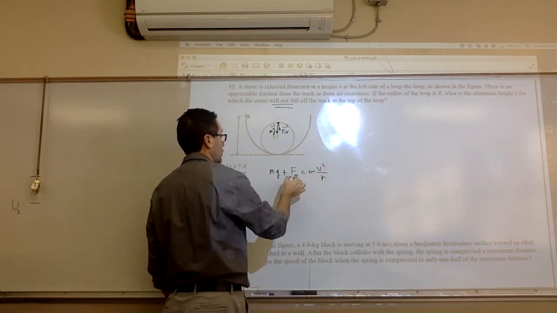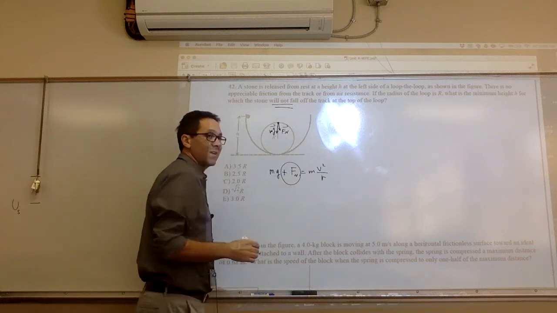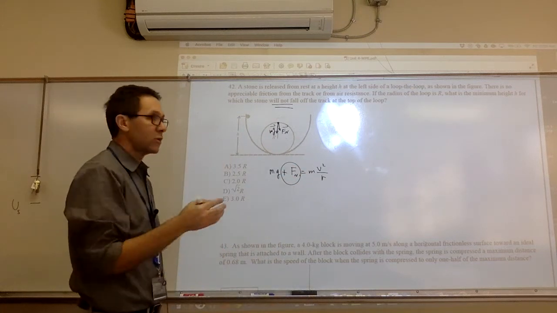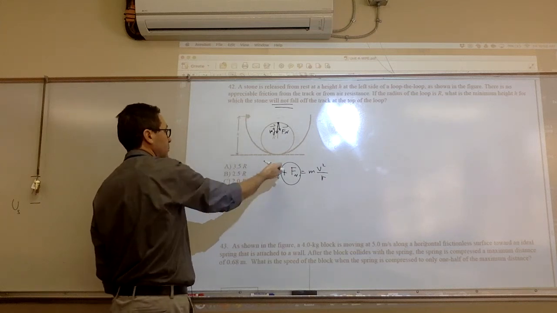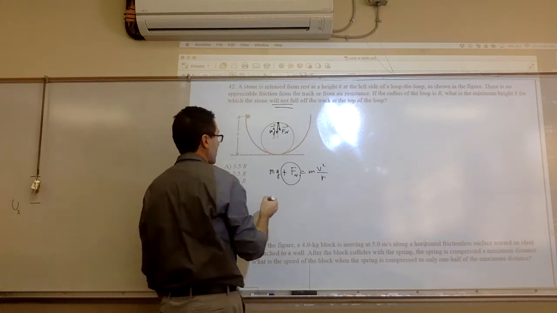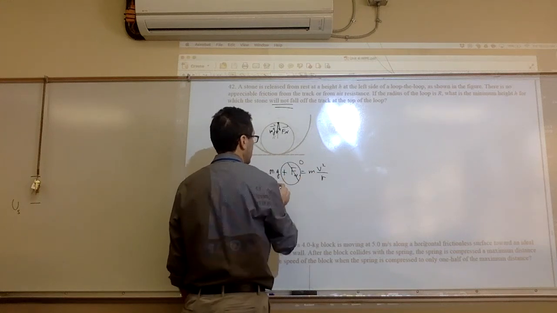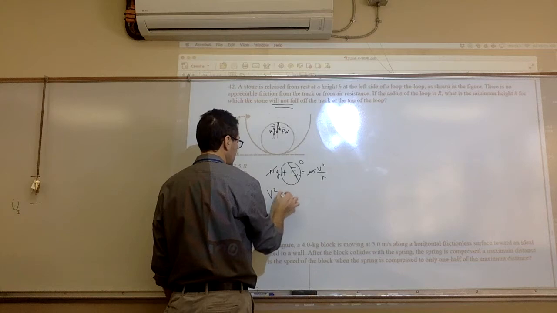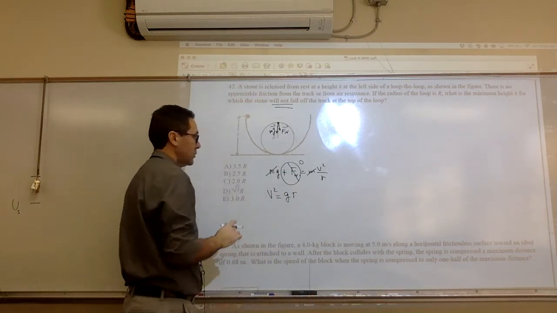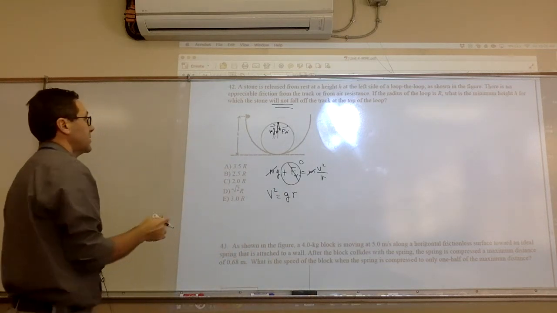Let's make Fn 0, and then the height just has to be greater than whatever we find. So this is 0. The mass is gone. So now we're looking at v squared equals g times r. So we'll leave that, and then we'll do conservation of energy.